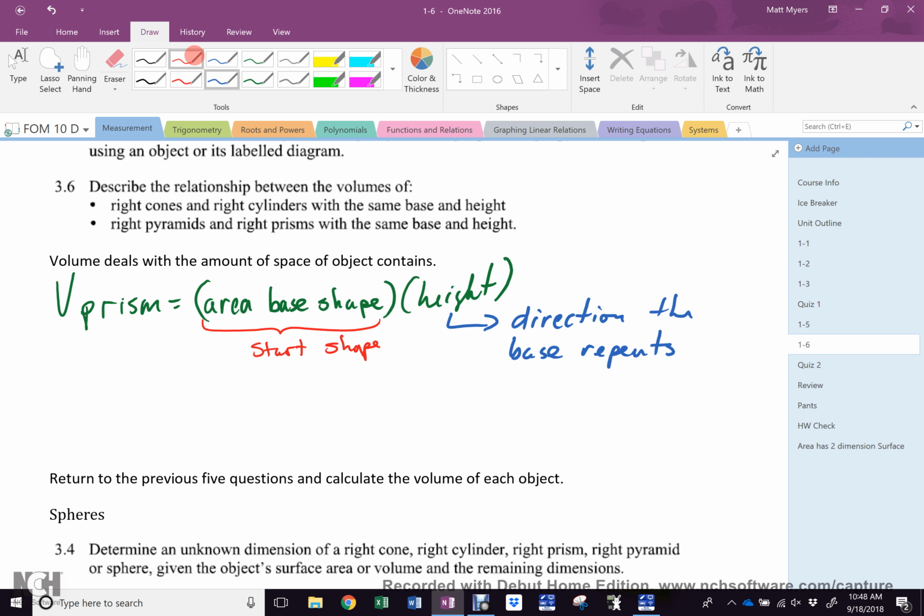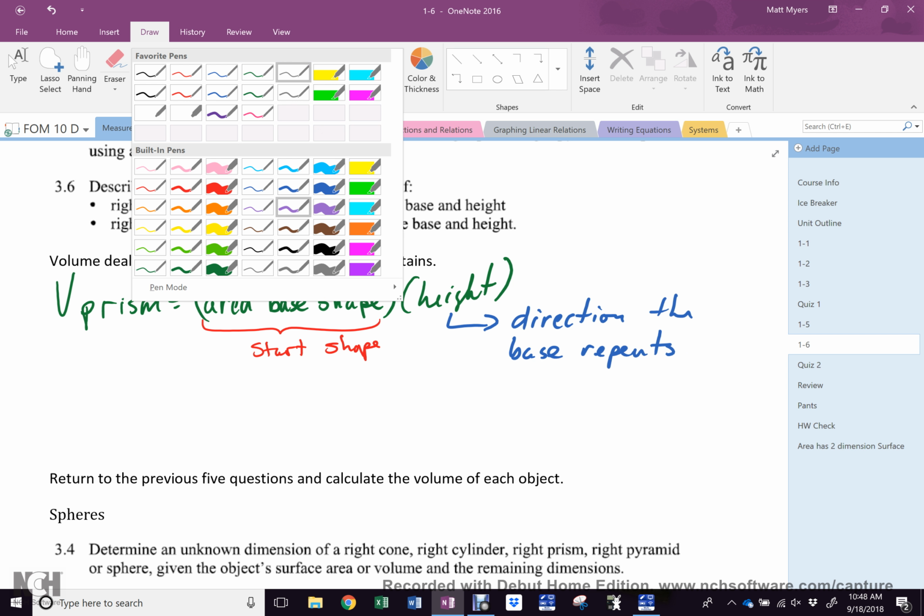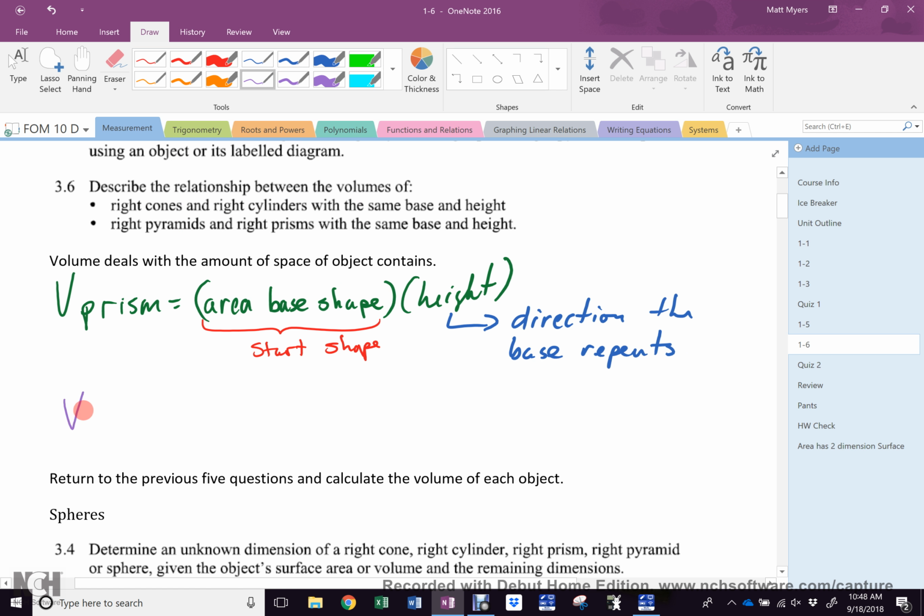Now, that's a prism. We've also talked about what? What's the other shape we've talked about so far? Starts with a P, ends with a D, has a pyramid in the middle of it. The volume of a pyramid. Now, use your brains. Is a pyramid related to a prism?